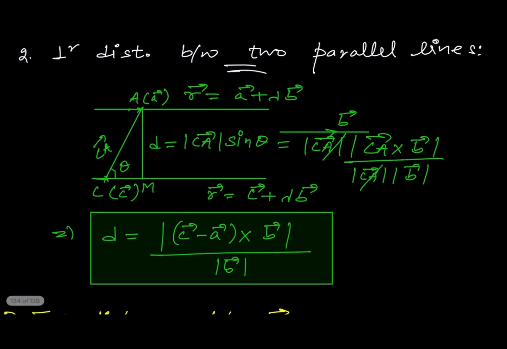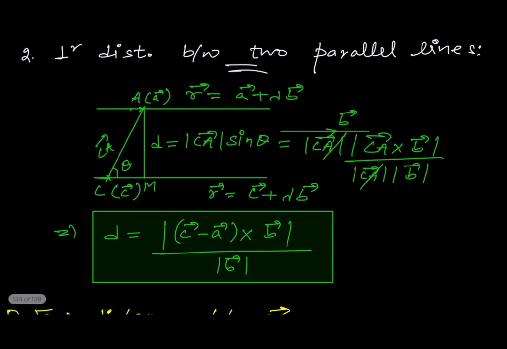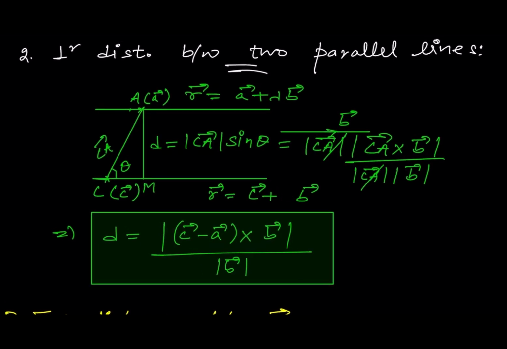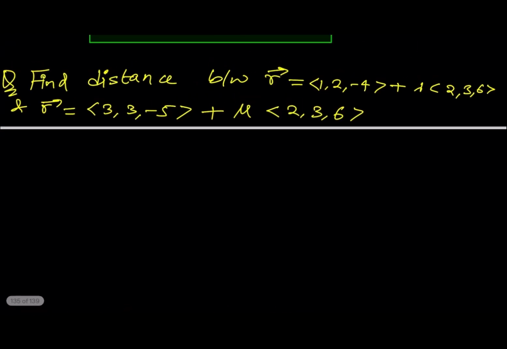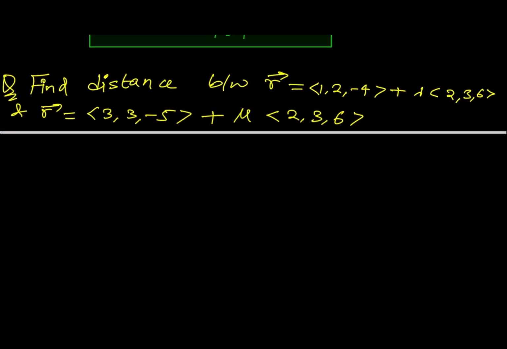Okay, so sorry, in the above figure this is the same mu. Now if we see the question, lambda times this and mu times this, they represent that the lines are parallel, because these two lines are parallel to the same vector.